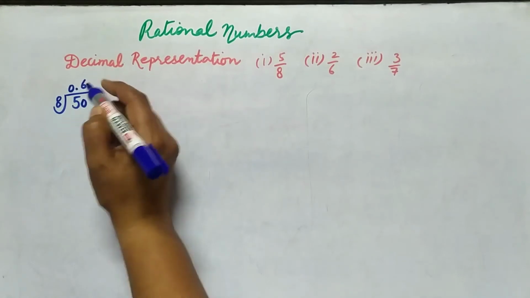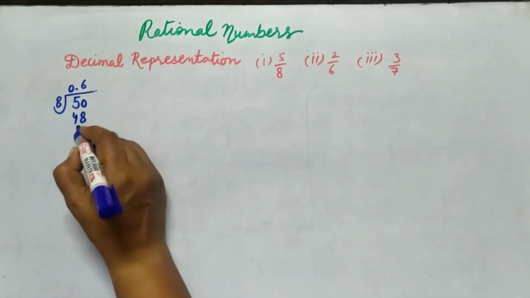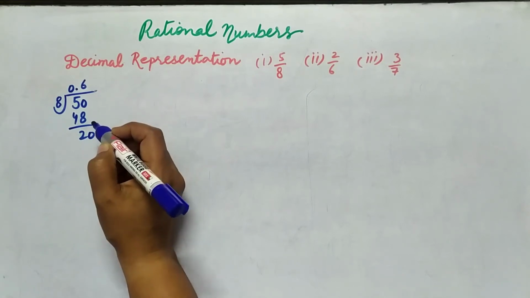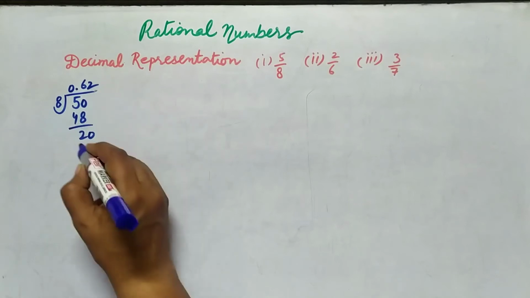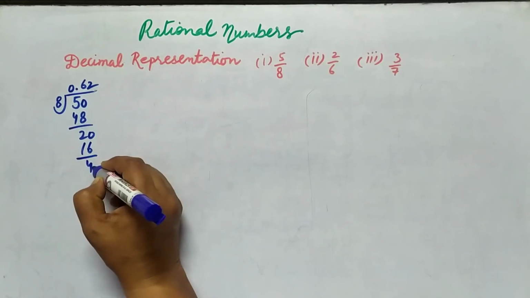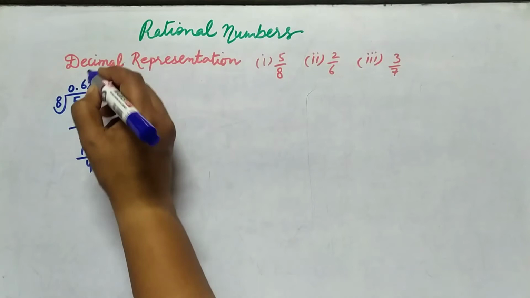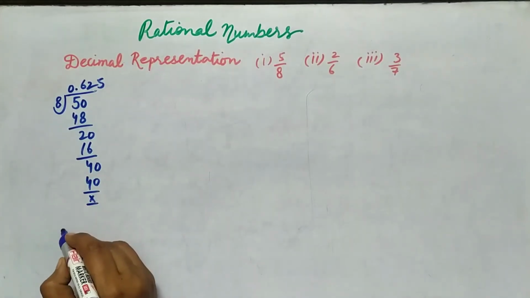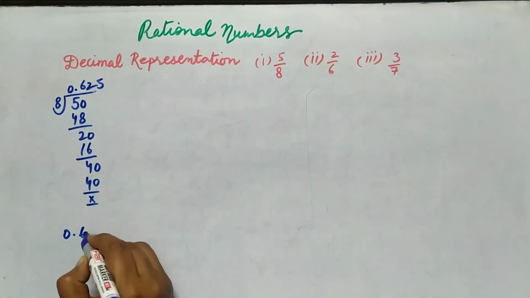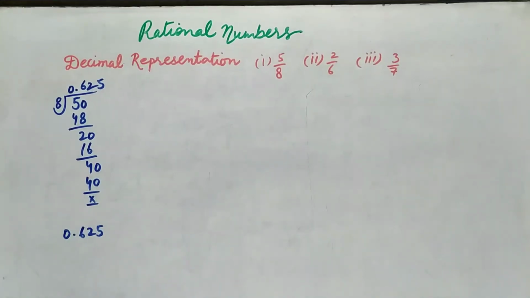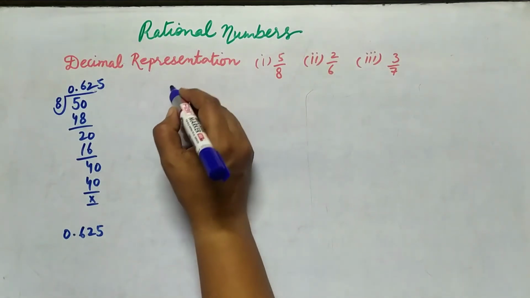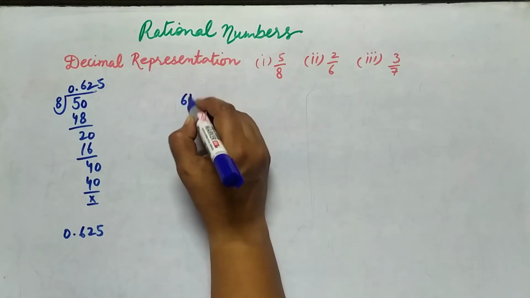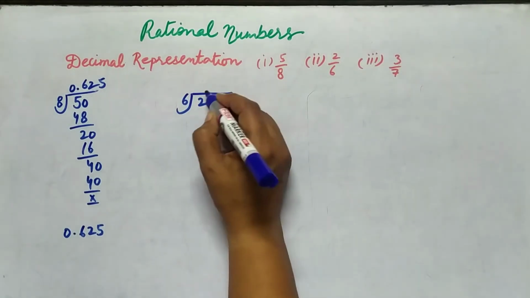So it is 8 6s are 48, 2 remainder, again 0, and we have 8 2s are 16, 4, 0, and 8 5s are 40. So the answer is 0.625.